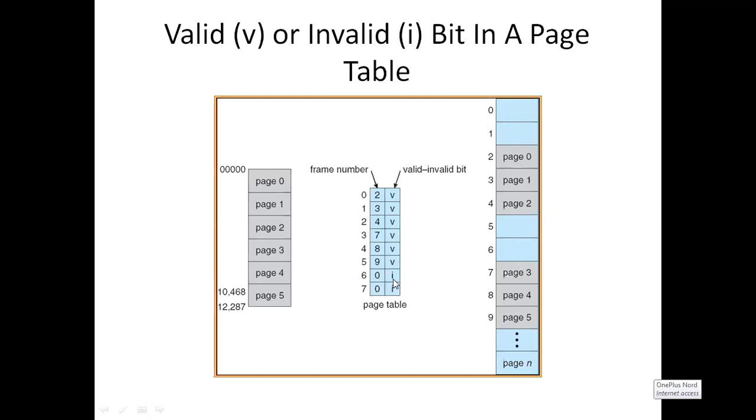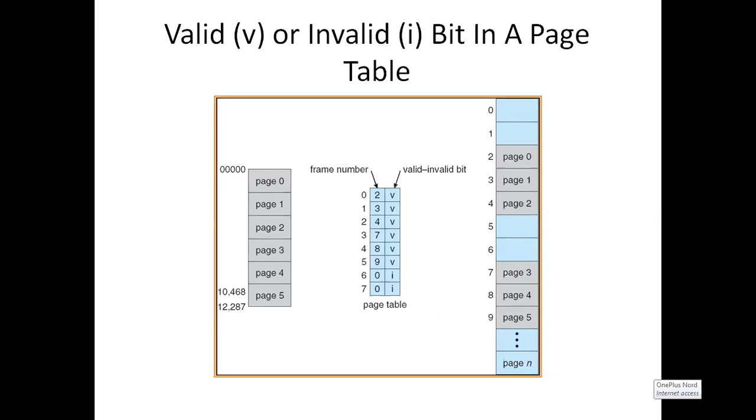So invalid. If the page is available in the frame, then it is valid. If the page is not available in the frame, then it is considered an invalid page. What is a valid page and what is an invalid page? A valid page means the page is in a frame. An invalid page means the page was not allocated a frame.